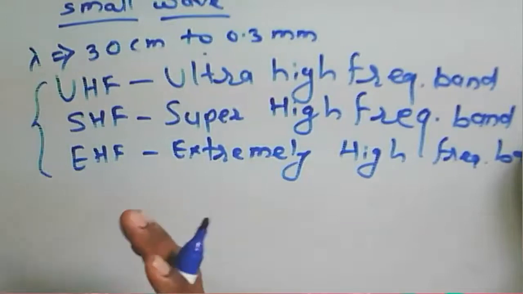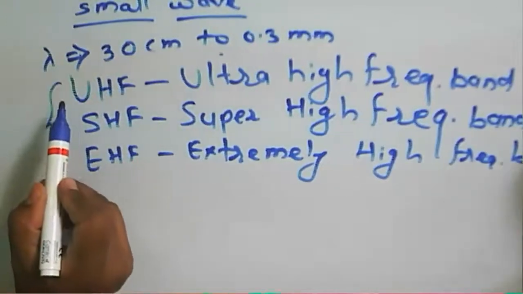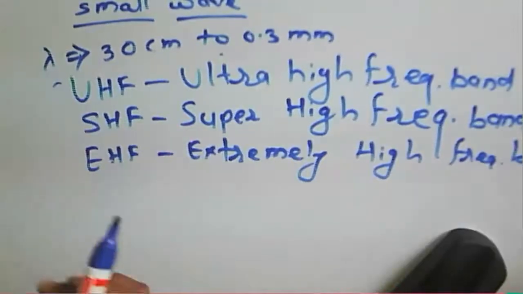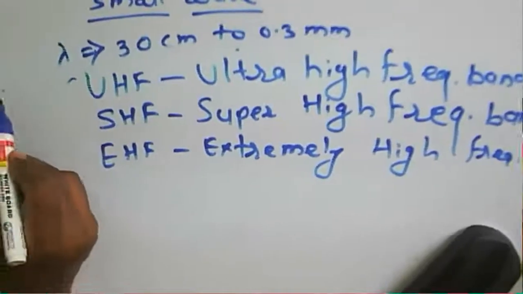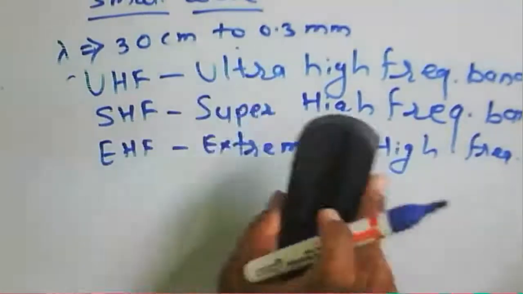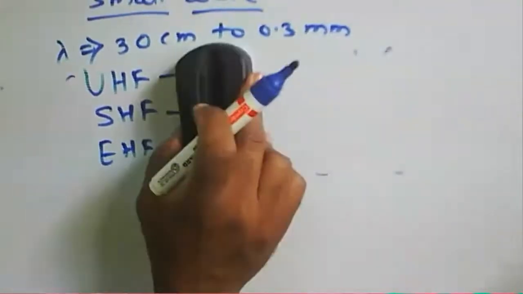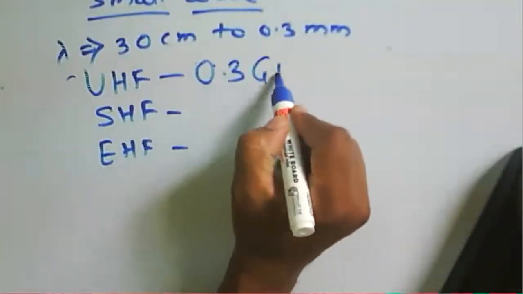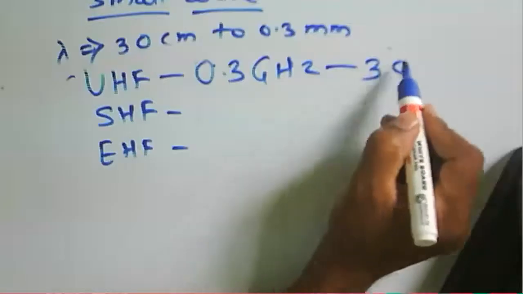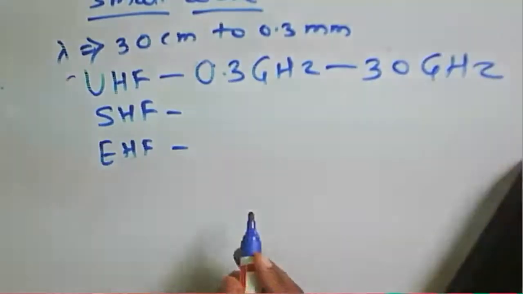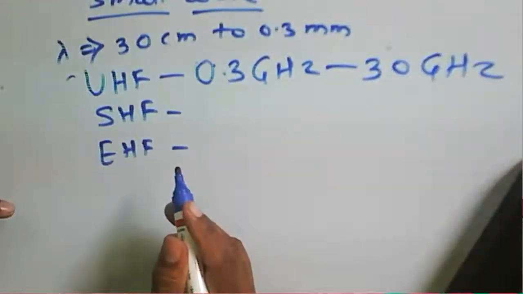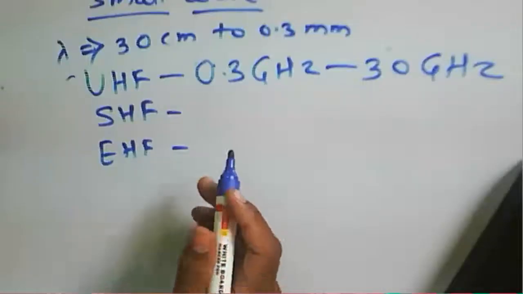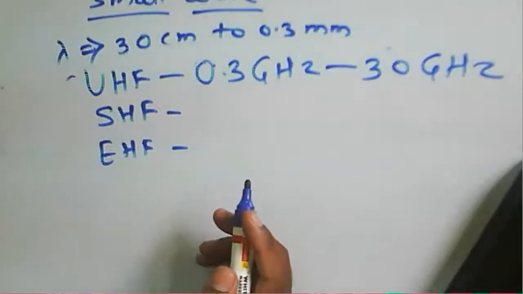The ultra high frequency band is the band of frequencies from 0.3 gigahertz to 3 gigahertz.